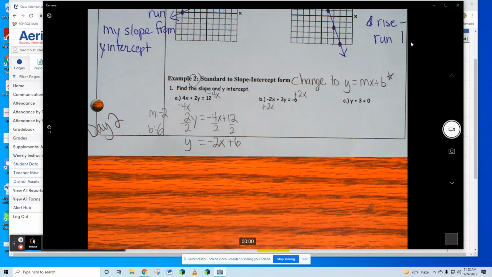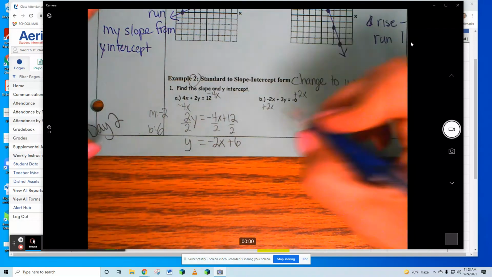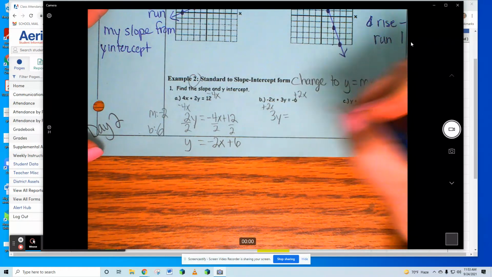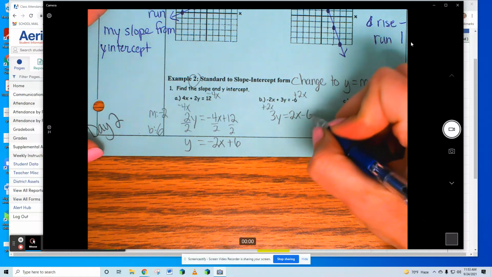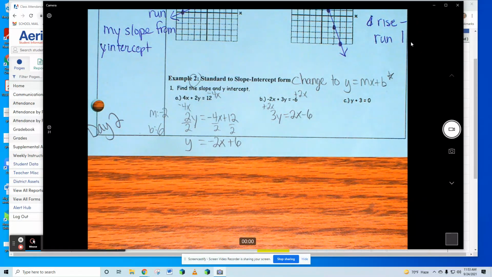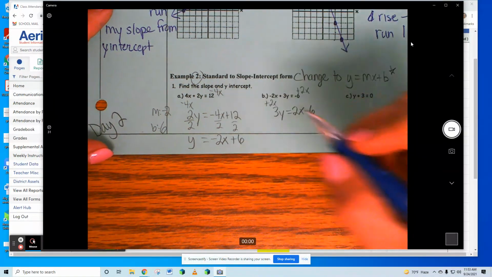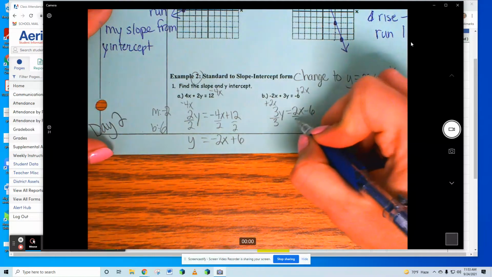What does the next line say after I added 2x? 2x minus 6. Perfect. Okay, last step. Divide everything by 3.